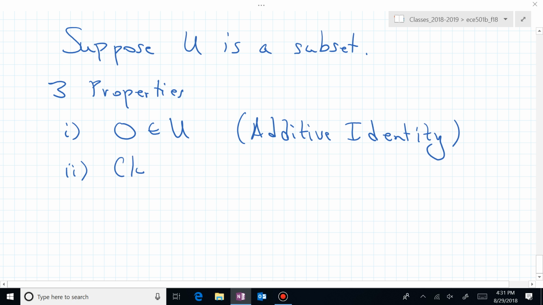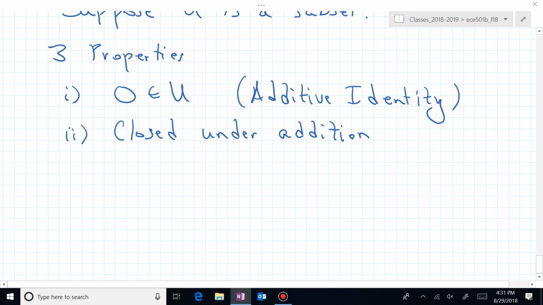Two, it's closed under addition. Vector addition, where vectors are the elements of the vector space. It doesn't have to be a tall, thin column of numbers. It's just a vector. A vector could be a matrix. It could be a polynomial of the vector space. And then 3, it's closed under scalar multiplication.